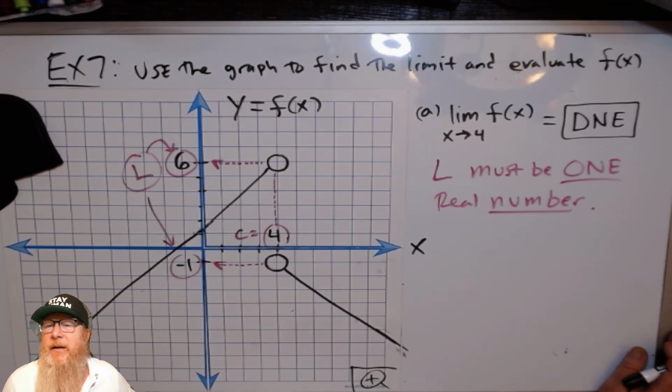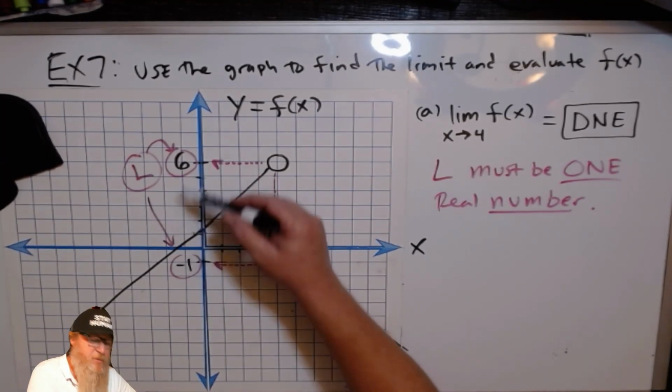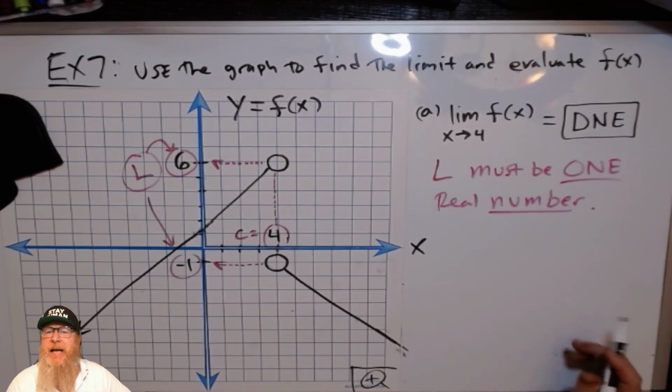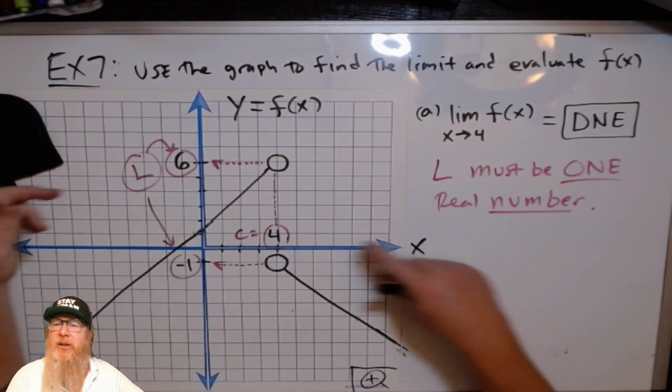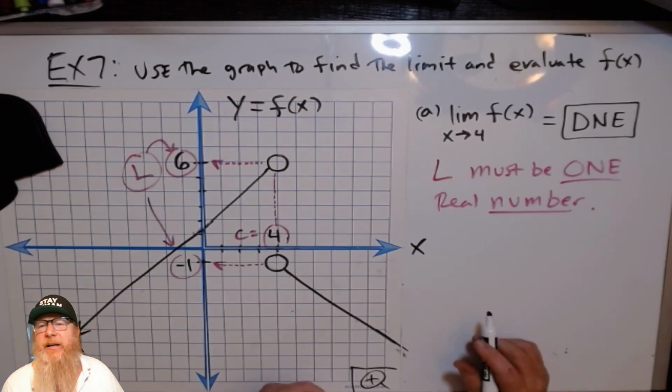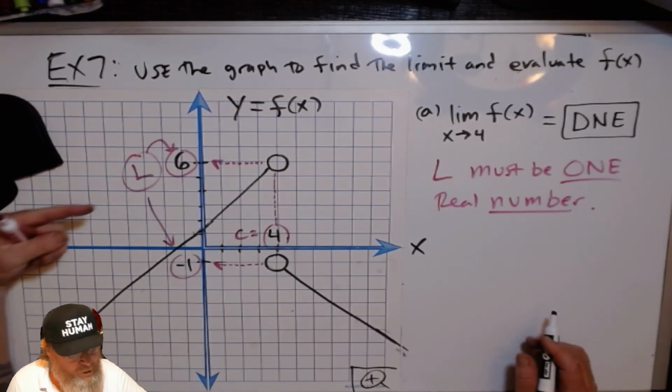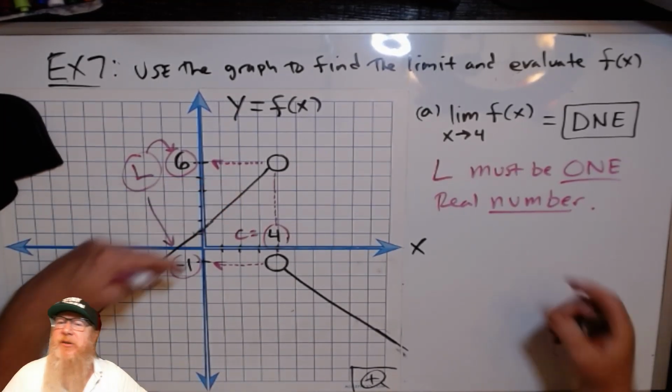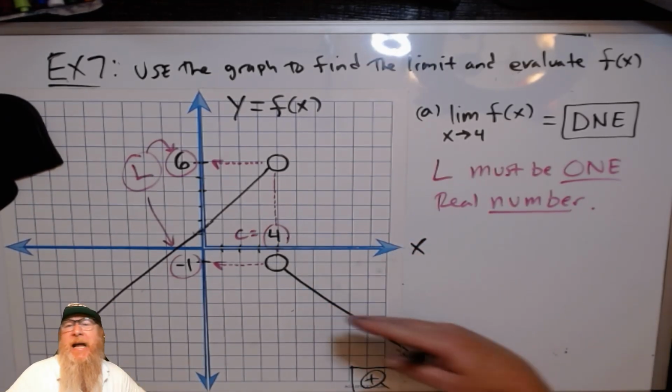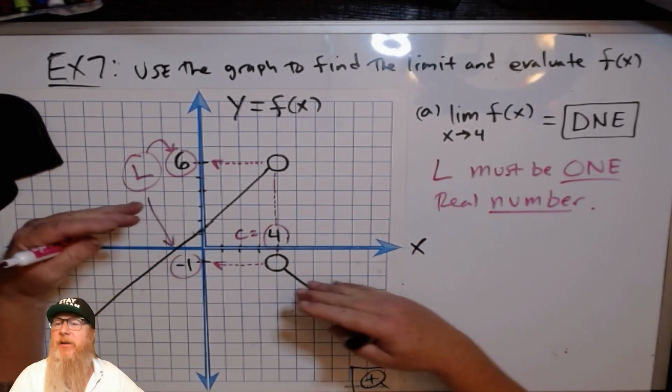All right. L cannot be two different numbers. In my next video, we'll talk a little bit more about how to resolve this by approaching it from the left versus approaching it from the right, and how we get two different results.